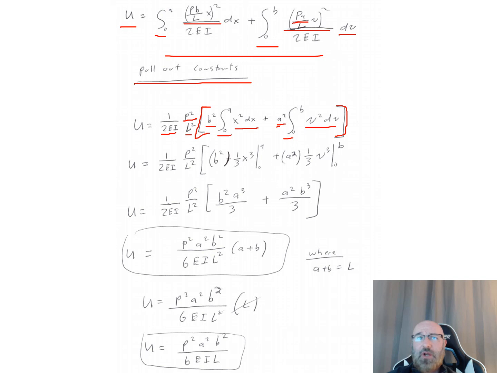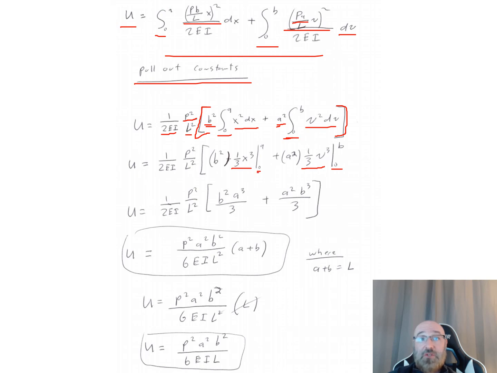Those are pretty straightforward integrals to do, so we do this out here. The integral from 0 to a of x squared dx becomes 1/3 x cubed evaluated from 0 to a, and the integral from 0 to b of v squared dv becomes 1/3 v cubed evaluated from 0 to b.